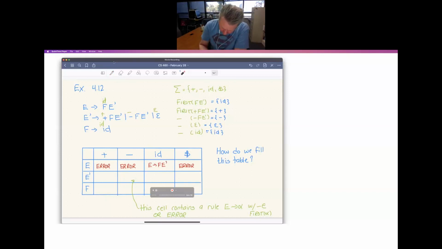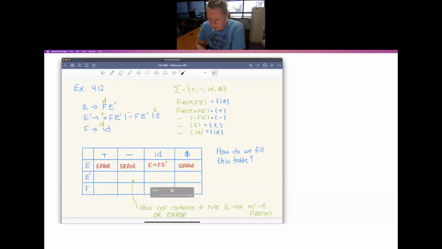E prime, I have 1, 2, 3 options. And we're going to get a little bit in trouble with that one there, but we'll come to that in just a second. So let's start with this guy here. Which of these cells should have E prime goes to plus FE prime?